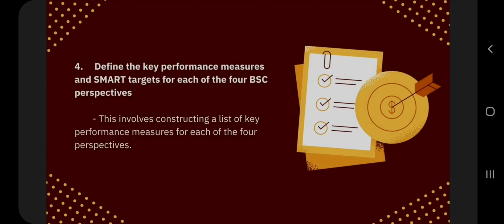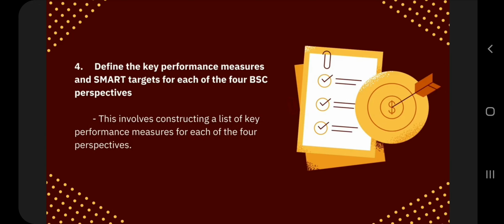The fourth step is to define the key performance measures and SMART targets for each of the four balanced scorecard perspectives. This involves constructing a list of key performance measures for each of the four perspectives.